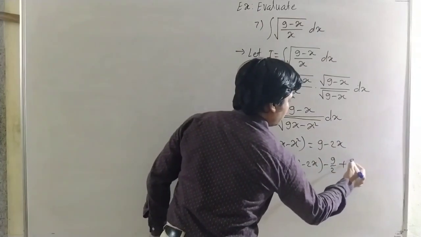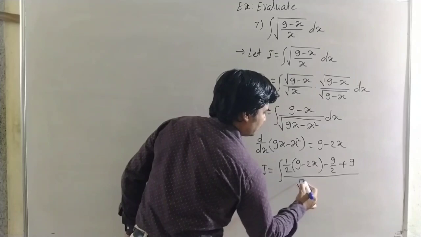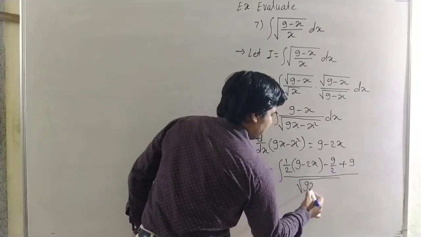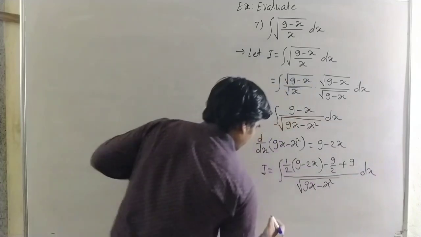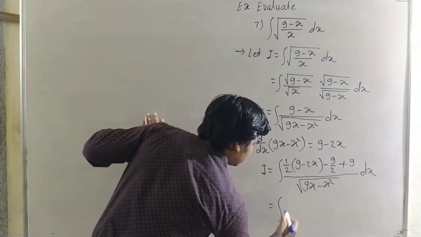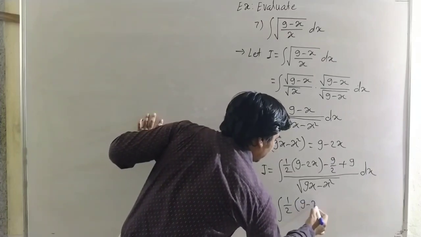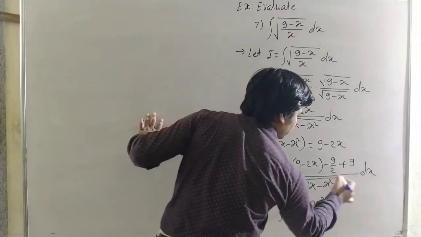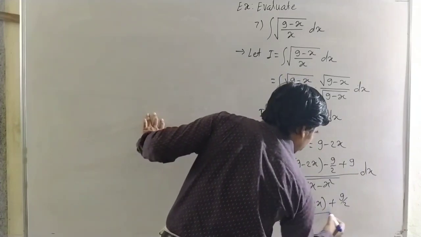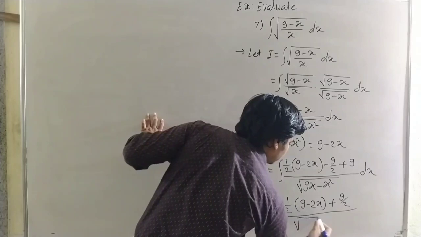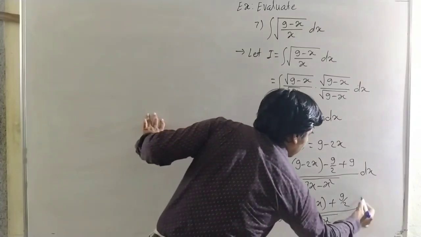When we calculate this term, we get only minus x and it is plus 9. We can write here plus 9 upon under root 9x minus x square dx. Now it is 1 by 2 into 9 minus 2x, and here plus 9 by 2, upon under root 9x minus x square dx.